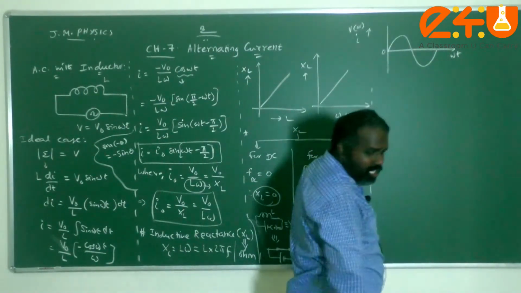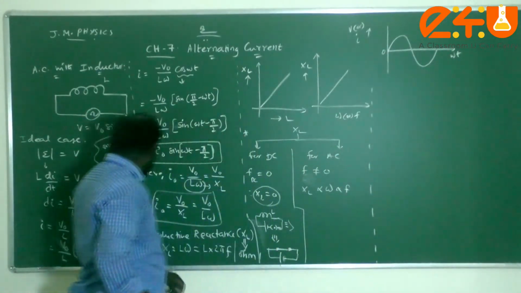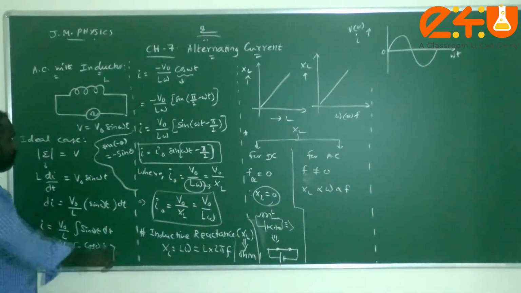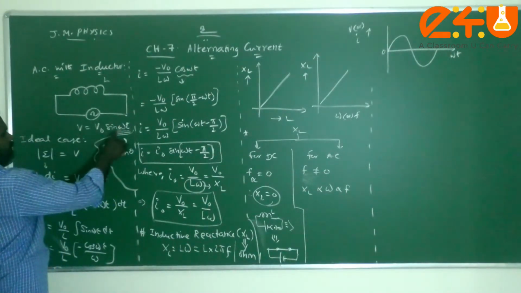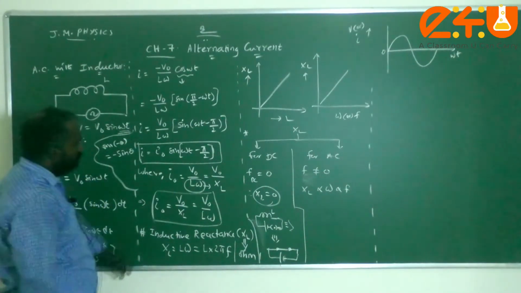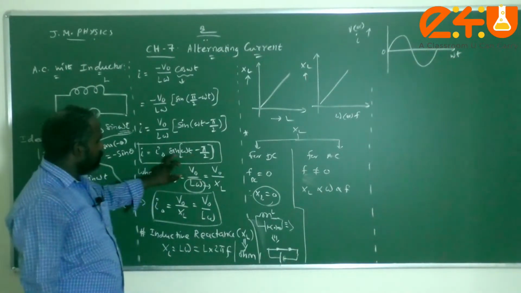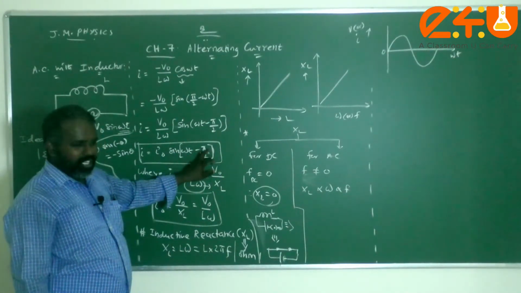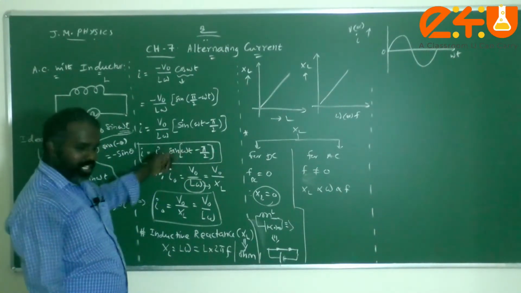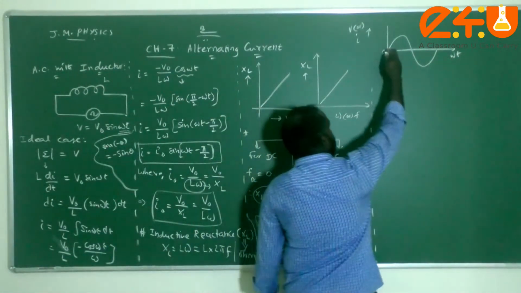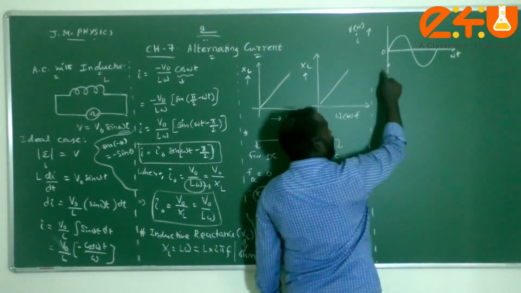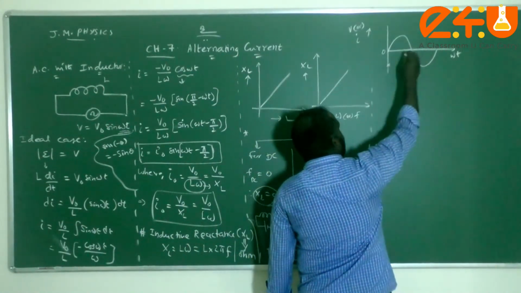When time is 0, sine 0 is 0, so V equals 0. But for the current, when time is 0, sine of minus 90 degrees gives the value minus 1, therefore minus I naught. So when the voltage is 0, the current will be negative maximum.